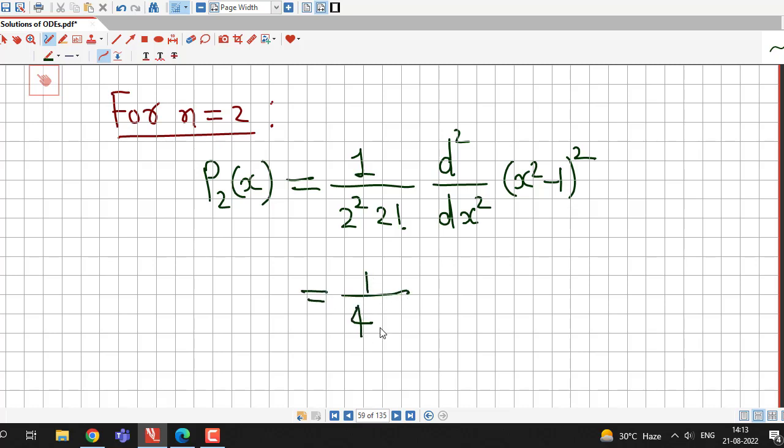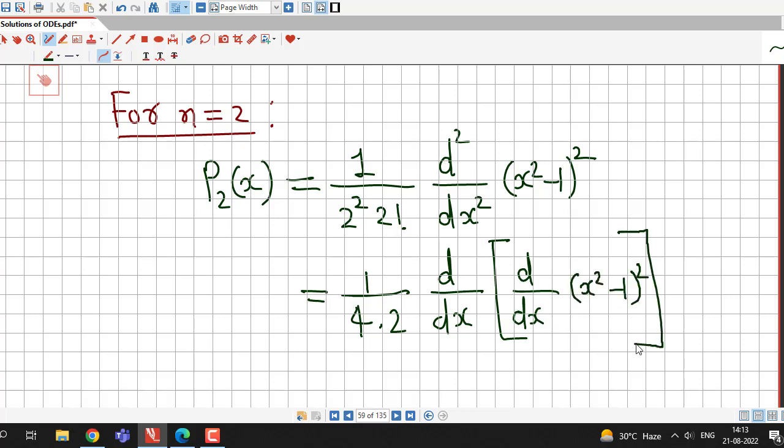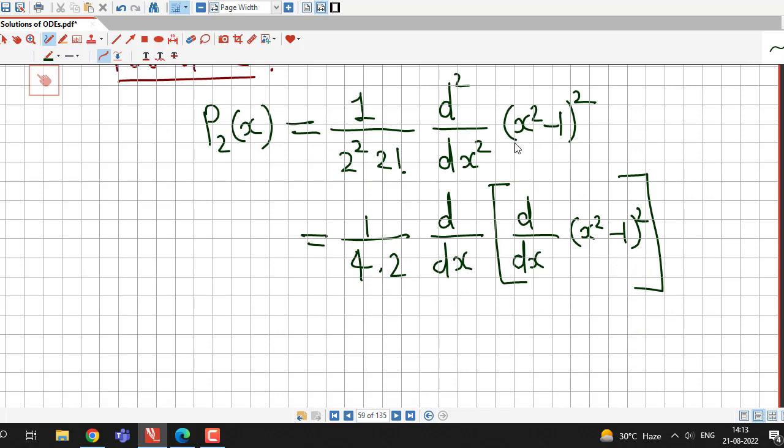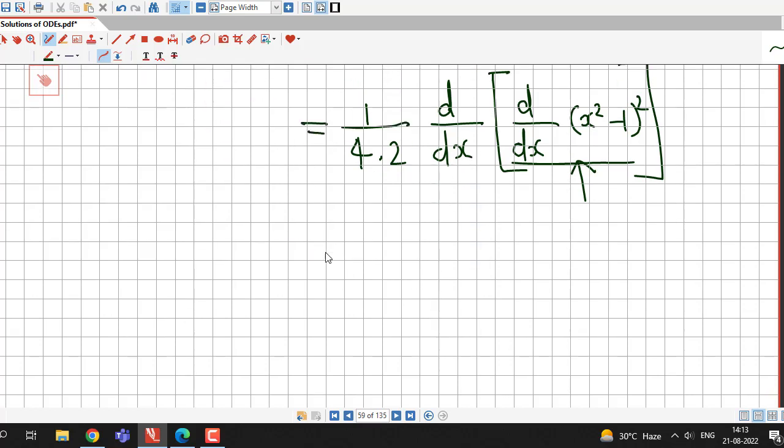2 squared is 4, 2 factorial is 2, and we write this as d/dx of d/dx of (x² − 1)². I have to differentiate this 2 times with respect to x. So first I differentiate with respect to x inside the bracket, and whatever quantity I obtain, I have to again differentiate with respect to x.